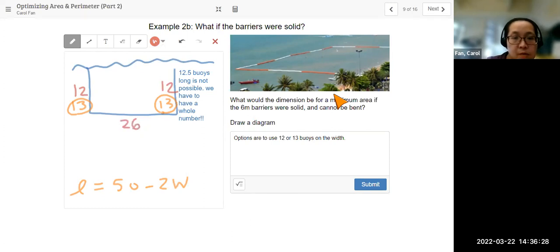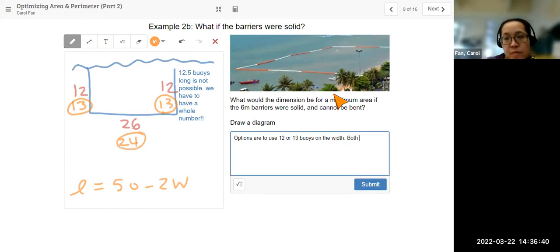Okay, so that one is 12 by 26, or we would have 13 by 24. Okay, so let's write the dimensions, but in feet now.